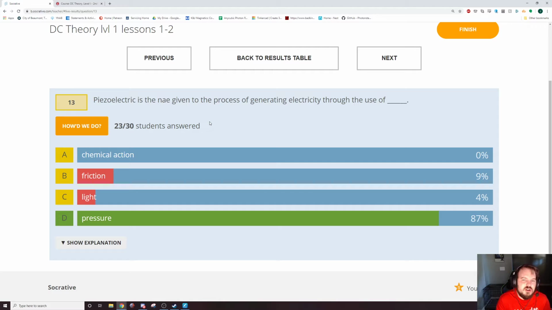Pickups use piezoelectric currents to detect the strings and actually process that into what you hear out of the electric guitar. What else? There's all sorts of pressure sensors that use piezoelectric devices as well.